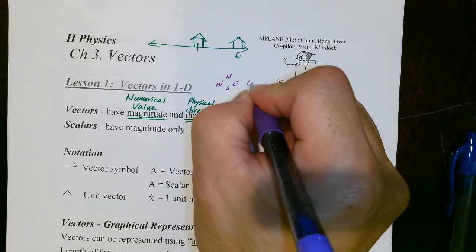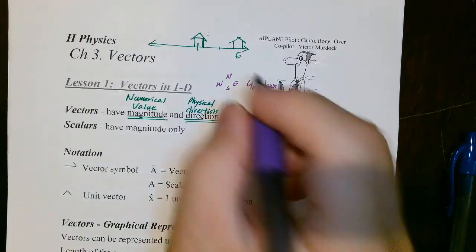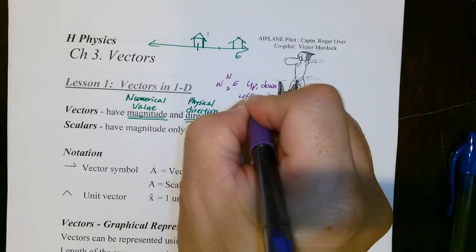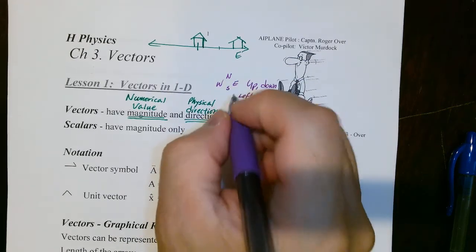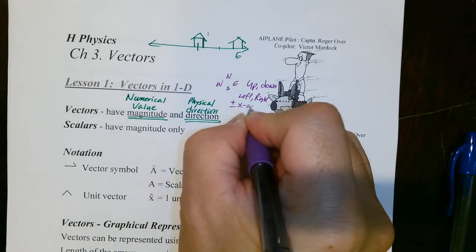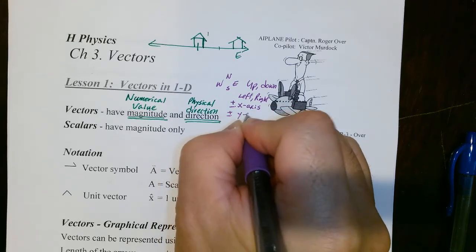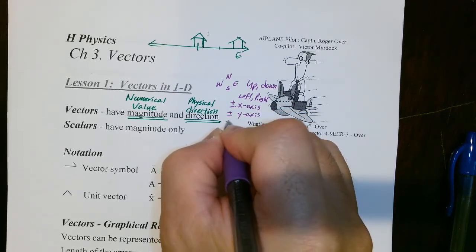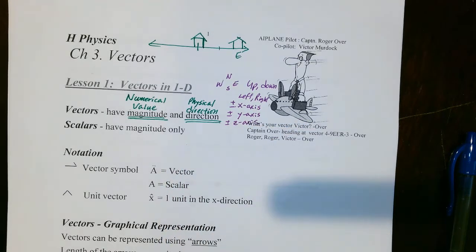Or it could be up, down, left, right. You could simply say positive or negative x-axis, or positive or negative y-axis, and positive or negative z-axis even, right? So physical direction is very, very necessary. Okay.